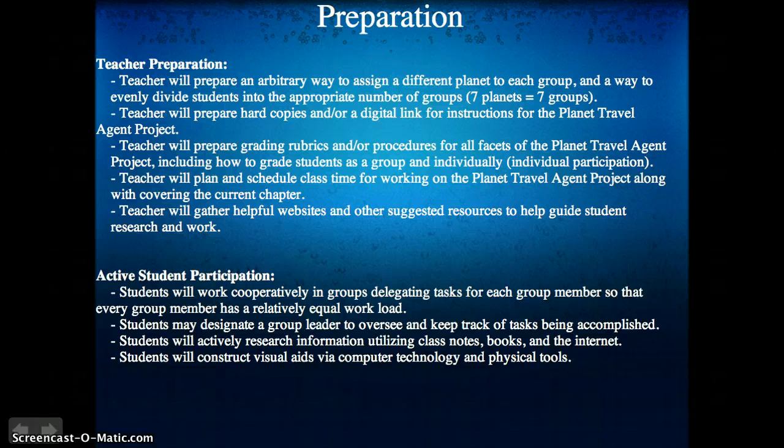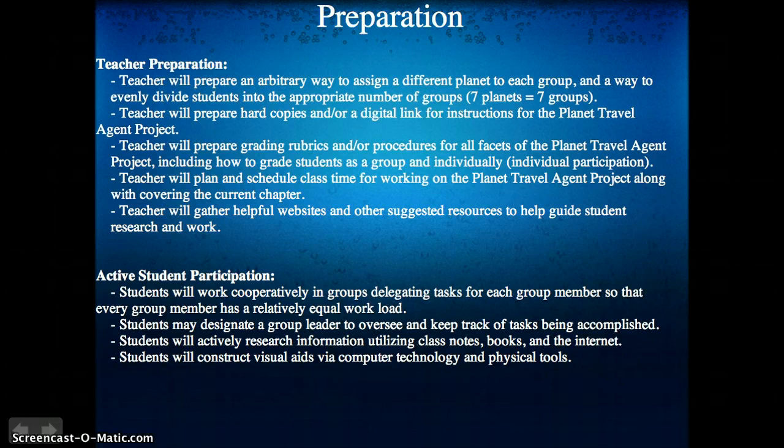Teacher preparation has to do with an arbitrary way to assign different planets to each group. I generally divide the class into 7 groups because there are 7 planets, and we draw at random for the planet that we will be getting. The teacher definitely should prepare hard copies, and it would be encouraged to present a digital link for instructions on the project.